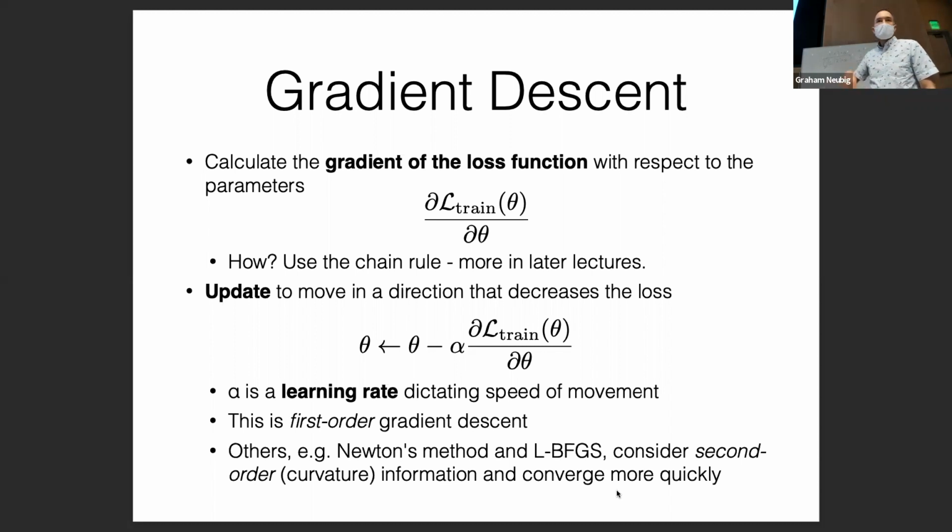I'm not going to go into the details of these, but the basic idea is that instead of just considering the direction the function is moving in, it's also considering that the function is curving in a certain way, and this allows you to more effectively adjust your learning rate or your direction of movement, etc.